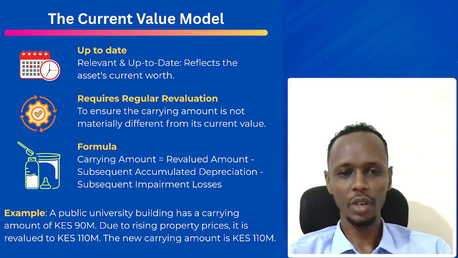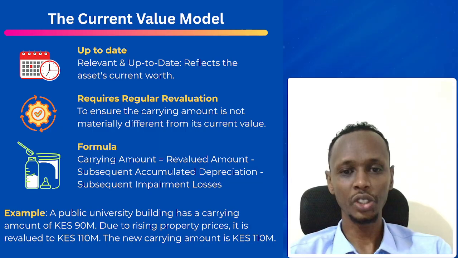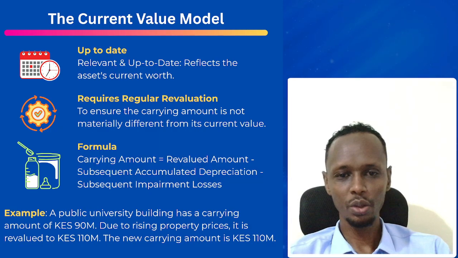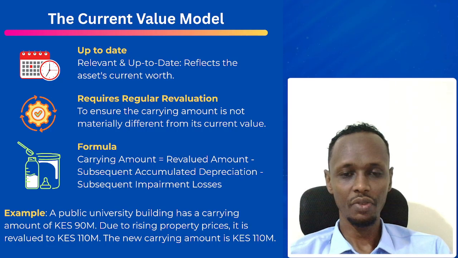If you look at the formula, carrying amount is equal to revalued amount minus subsequent accumulated depreciation minus subsequent impairment losses. So both of them are depreciated, whether you revalue or not. We also check for impairment. We can't always be revaluing our assets every year, so this IPSAS recommends you revalue your assets between 3 to 5 years.